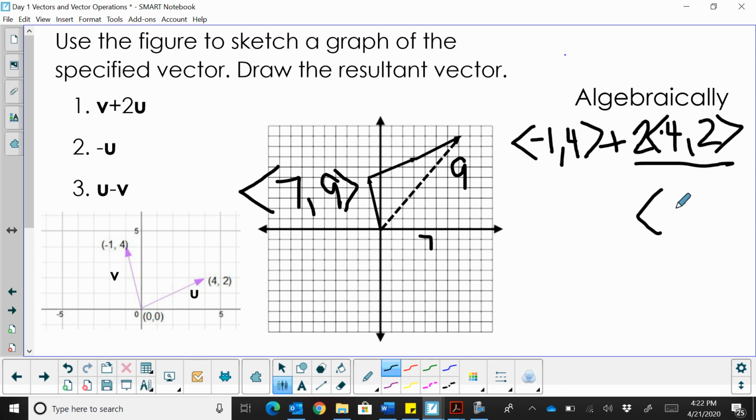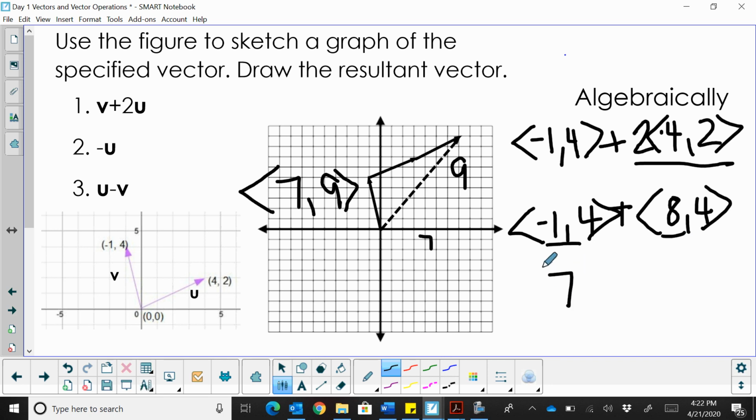So 2 times the 4, 2 is going to be 8, 4. So that's the result of putting these 2 vectors together. Then I'm going to add to it the original vector, which is V, which is -1, 4. So let's add the horizontal direction, and that gives me 7, 8 plus -1. And then 4 plus 4, that's 8.